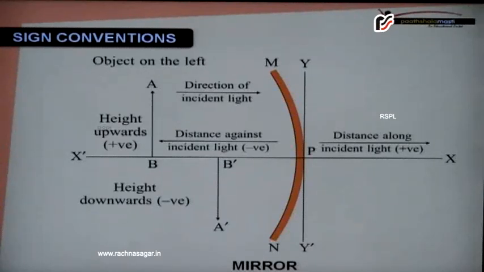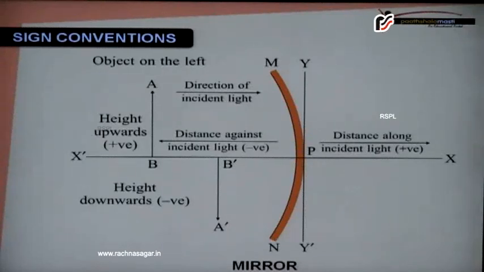Similarly, the distances in the upward direction from the principal axis, or the x-axis, are considered positive, and the distances moved in the downward direction are considered negative.